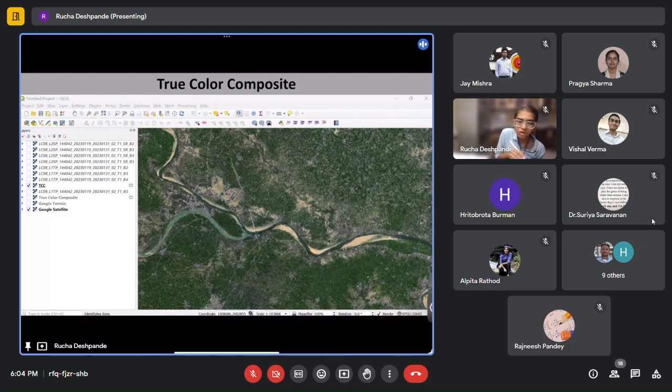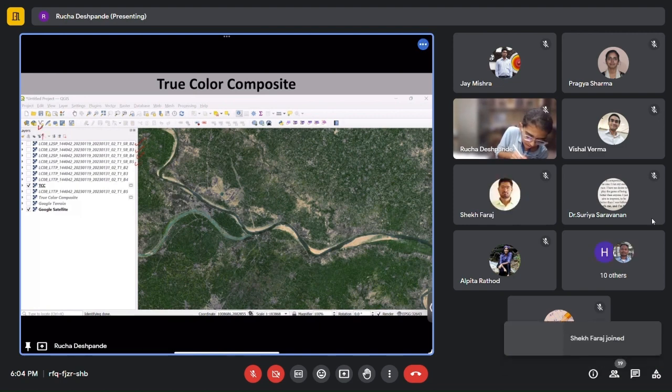If you look on the left side, B2, B3, B4, B5 are all the surface reflectance bands. LC08 stands for Landsat 8. This is level 2 surface processing. 14402 is the number of path and row.